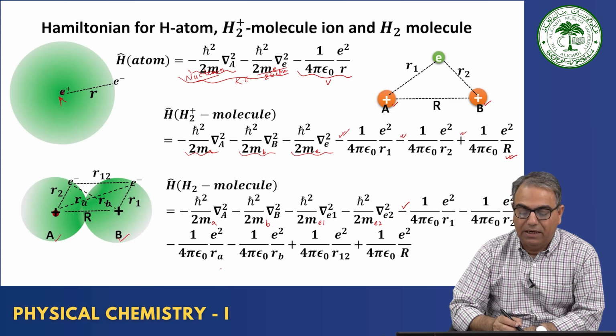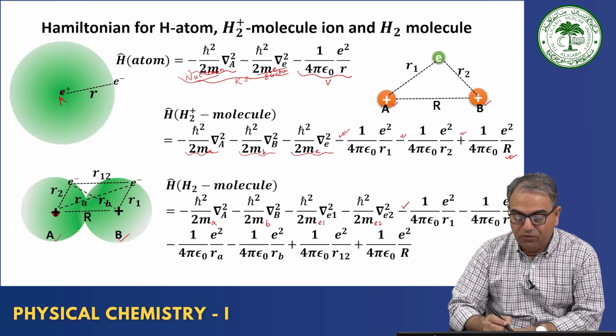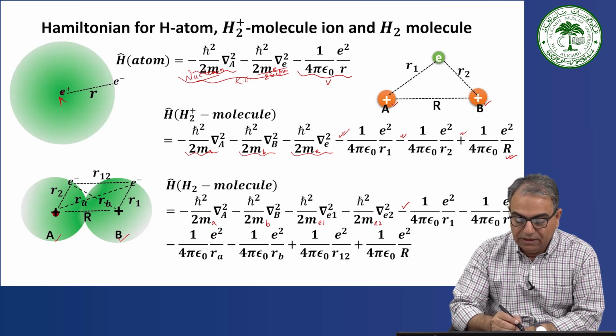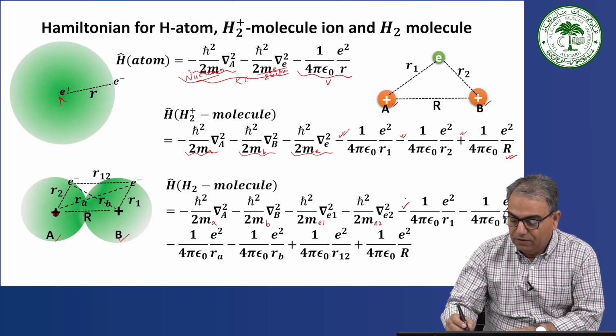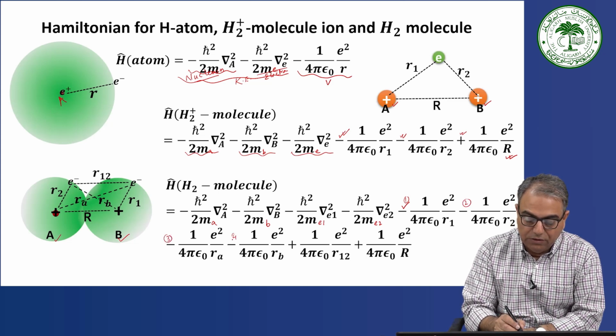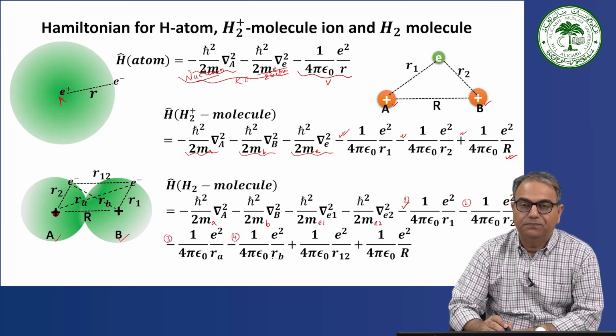Then minus 1 by 4 pi epsilon naught e square by rB, where rB is this distance, the first electron attracted by the second nucleus. So these are the 1, 2, 3 and 4 terms. These 4 terms are attractive terms.